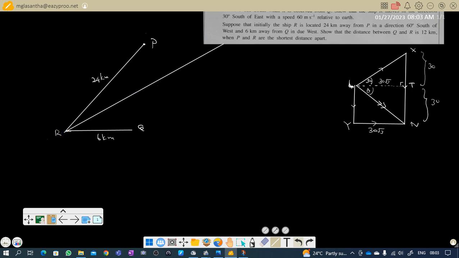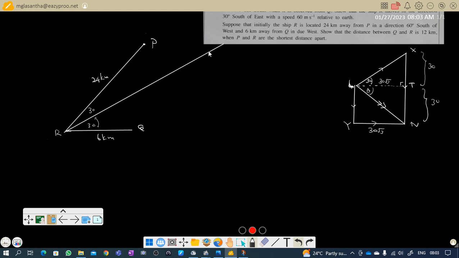This angle is 30 degrees. This is 30. If this is 30 also, this is 30, because PRQ is 60 degrees. You are given that angle. So you know that this angle is 30. Right?